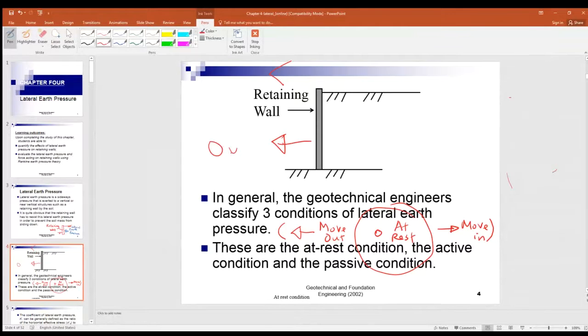Now, if the force is acting in a reverse direction, the wall could be moved in.